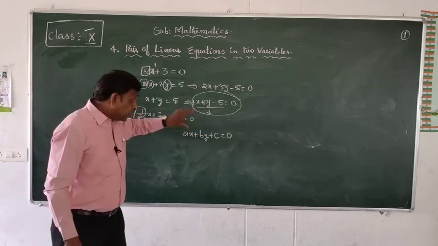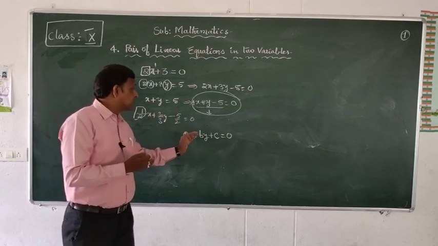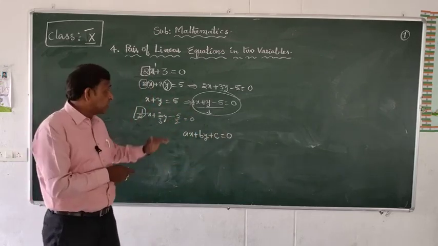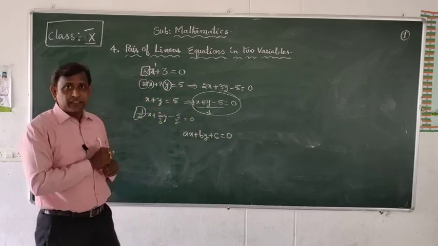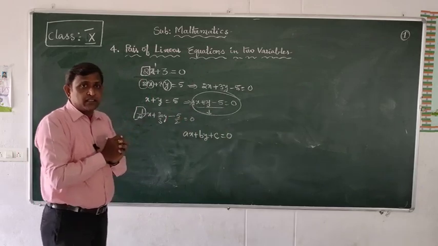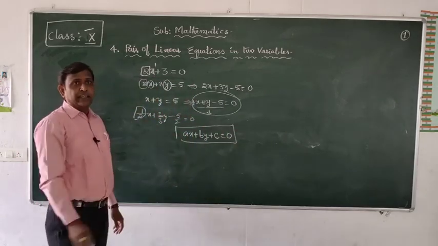But to have two variables in ax plus by plus c is equal to 0, a and b must not be equal to 0. So ax plus by plus c is equal to 0 is the general form of a linear equation.